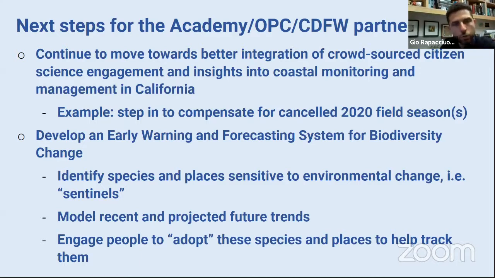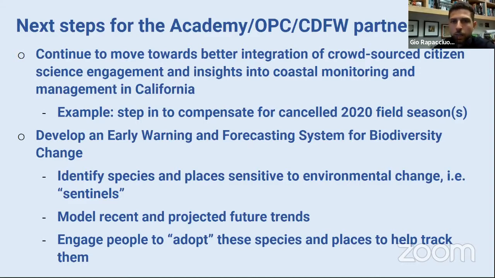And that's through these tools, but through additional programs and projects that we think can be beneficial, and we hope to start together. And for example, we recently discussed how Snapshot CalCOAST 2020 and in general Snapshot CalCOAST and iNaturalist activity can help compensate for canceled field seasons.